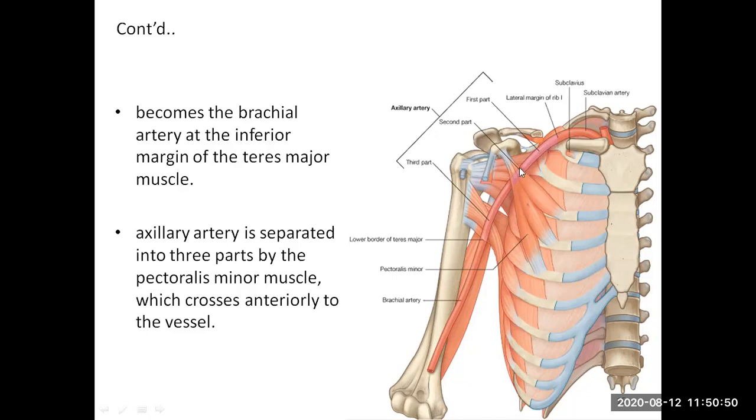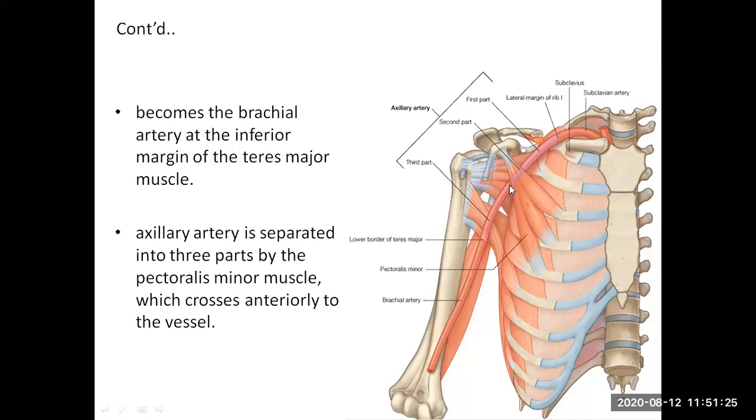The part of the axillary artery proximal to the pectoralis minor muscle, from here to here, is the first part. The part corresponding to the pectoralis minor muscle, from here to here, is the second part.